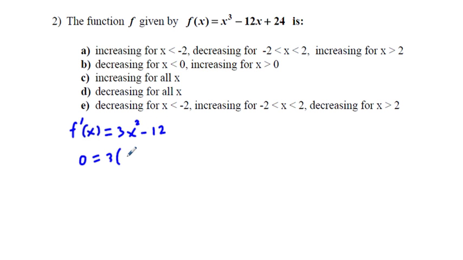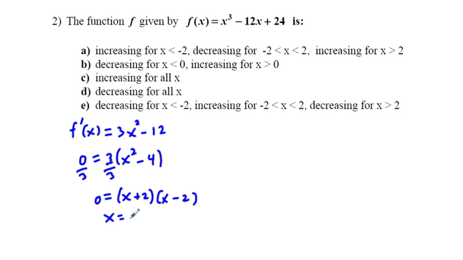So you have 3 times the quantity x squared minus 4. We can divide by 3 first of all to get rid of that 3. And so we have 0 equals x squared minus 4, which we can factor using difference of squares as x plus 2 times x minus 2. So our critical numbers are x equals -2 and x equals 2, solving each one of these factors for 0.